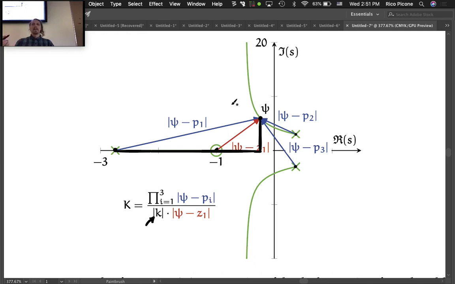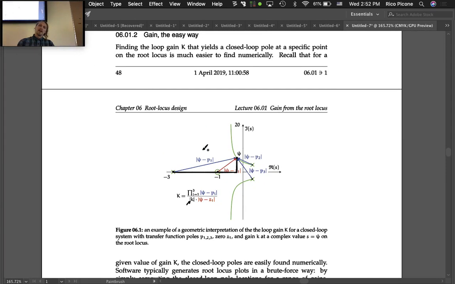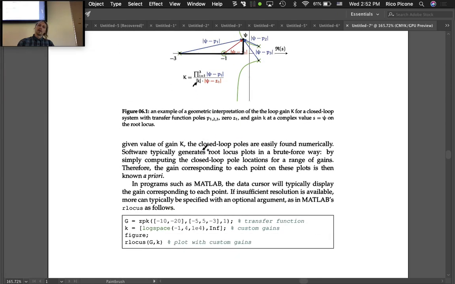It's good to keep in mind that if you had a root locus figure to scale, you could even use a ruler to give you these lengths and find these products. Or if it just happens to be geometrically easy to read the lengths off the graph, that's another way to go. So this is one way to get these controller gains.